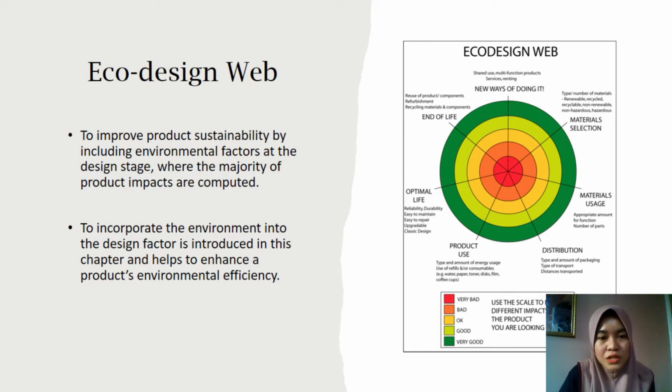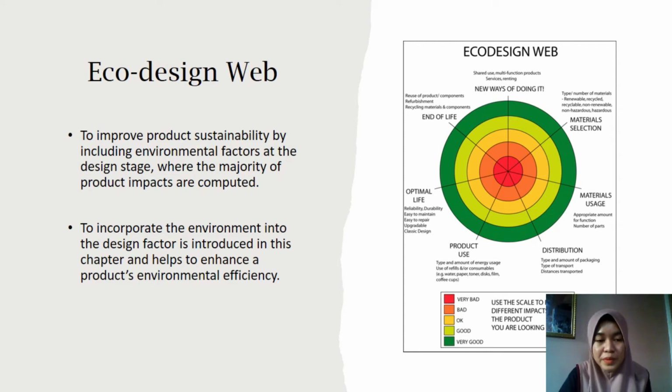Next, we go to the second part of the methodology, eco-design work. To improve product sustainability by including environmental factors at the design stage, where the majority of product impacts are determined. Incorporating the environment into the design factor is introduced in this chapter and helps to enhance a product's environmental efficiency.